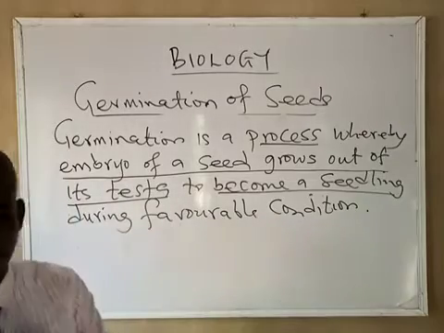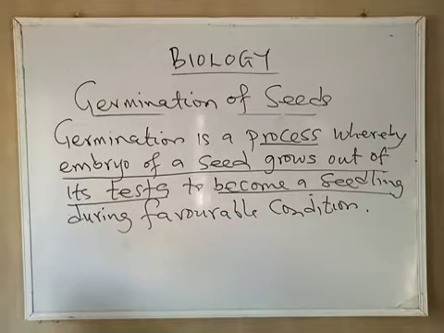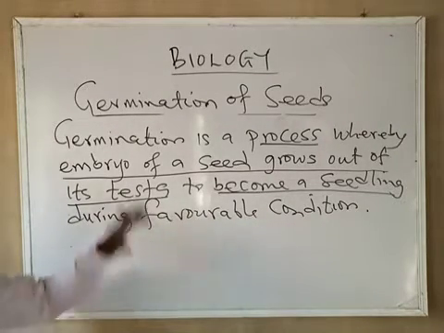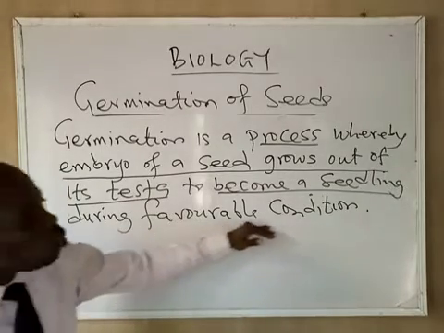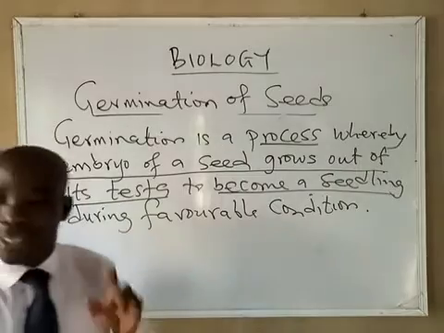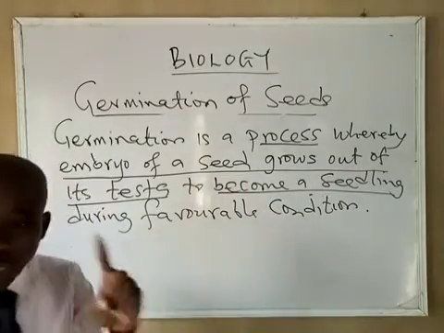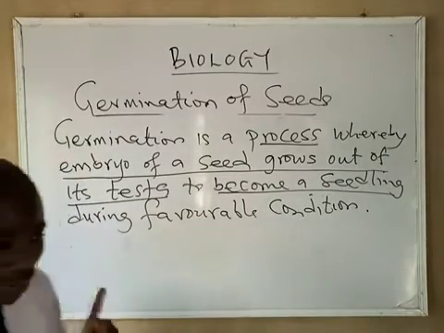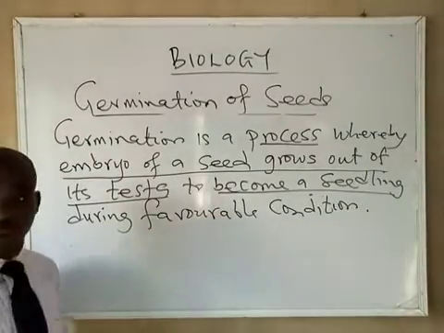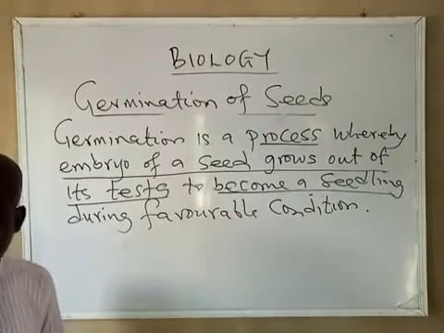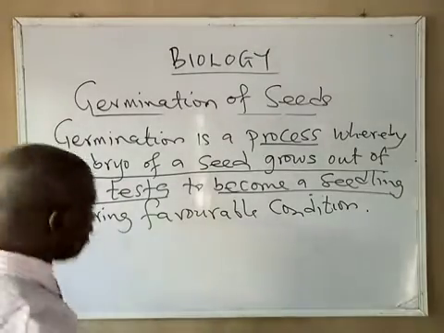So the next step that we are now going to take is to look at the favorable conditions that are necessary. Conditions that are necessary for germination to do what? To take place. When we have said that it takes place only during favorable conditions, what are the elements of these conditions?